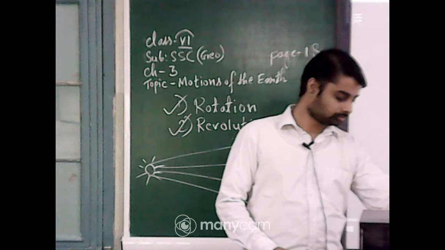The earth takes 24 hours to complete its rotation around the axis, and this period is called one earth day. Okay, so this is the picture.